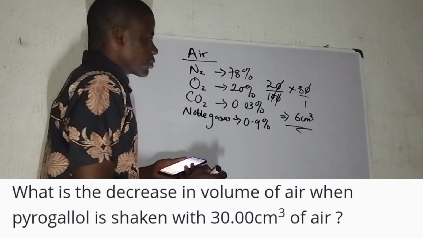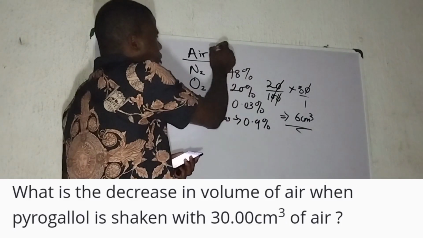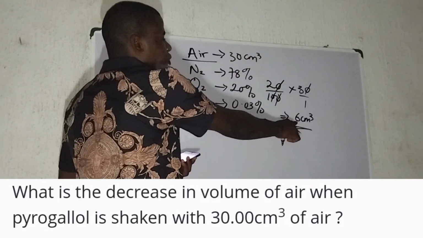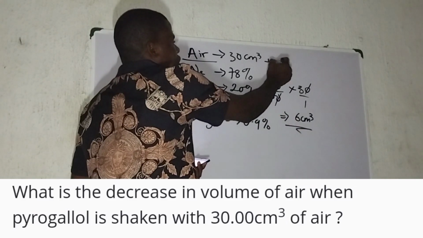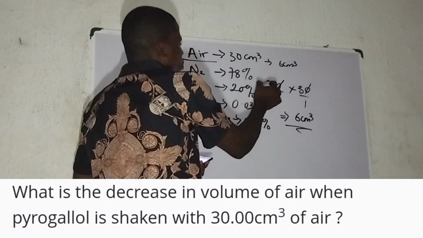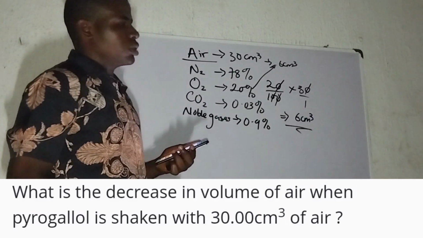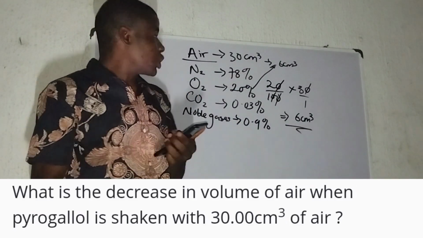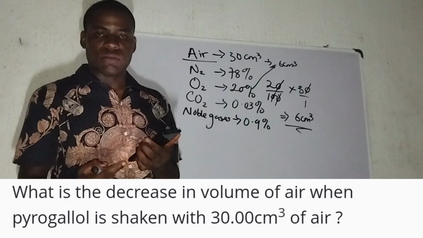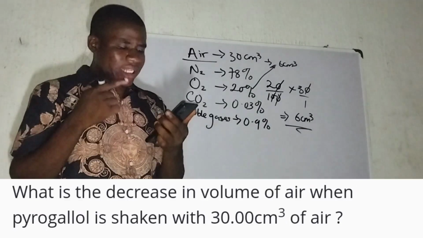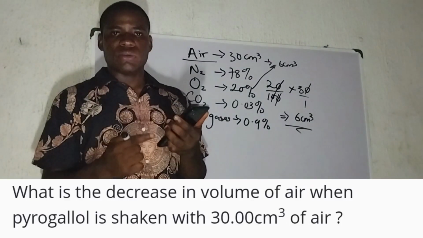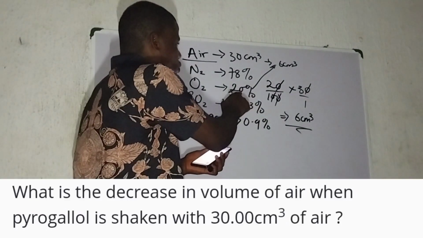So it means that in that 30 cm cube of air, oxygen is occupying what volume? Oxygen is occupying 6 cm cube. This is the volume of oxygen in this 30 cm cube of air. Do you understand? So the answer now is definitely 6 cm cube, if we consider 20%.